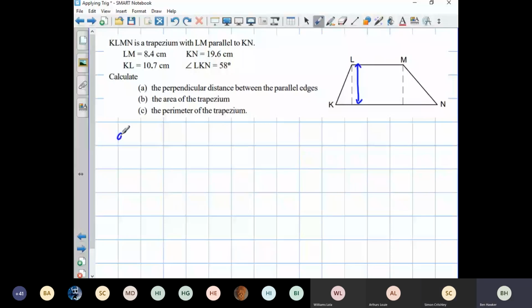Using the information we've been given, I'm straight away looking at this triangle here, and I know that KL is 10.7, and I know that this angle here, LKN, is 58 degrees. So I've got my hypotenuse, got my opposite, and I've got my adjacent. I want to find the opposite, so I use sine.